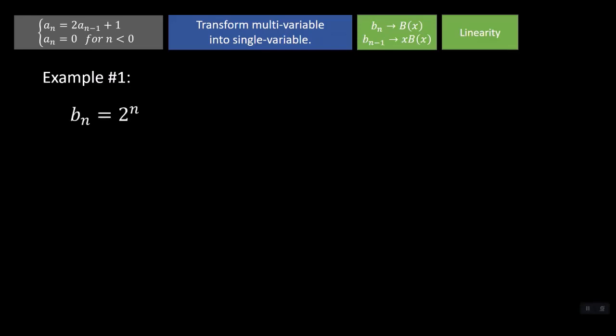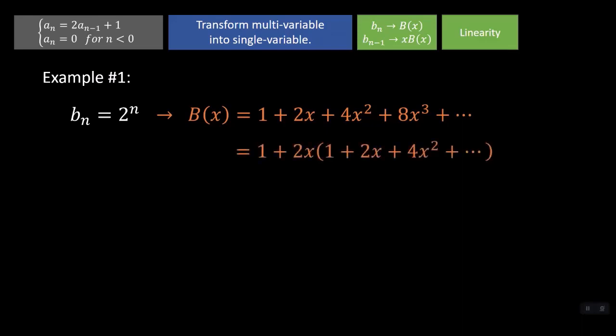Assume we have the sequence b of n equals 2 to the power of n. What is the polynomial for this sequence? The polynomial is this, and we would like to write it in simpler terms. So we would keep 1 and factor out 2x out of the other terms.